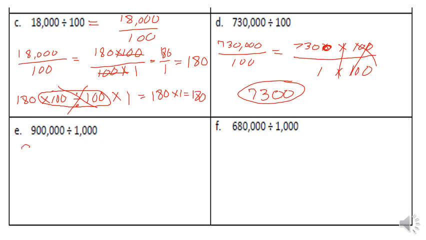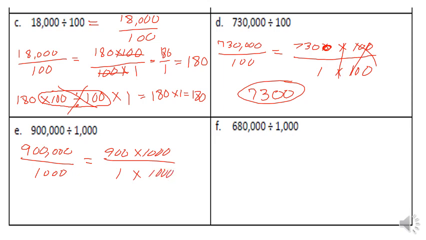Coming down here, I have 900,000 divided by 1,000. Rewrite it as a fraction, 900,000 over 1,000. I'm going to take 1,000 out of that, so I know I'm going to have 900 times 1,000 over 1 times 1,000. I'm lining out the common ones, and that leaves me with 900 divided by 1, which equals 900.